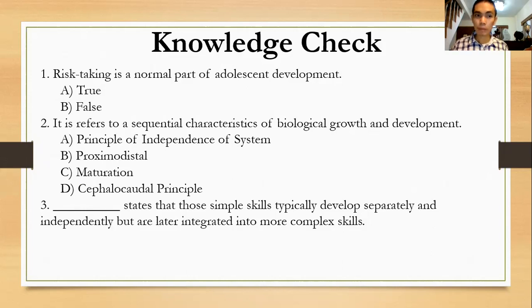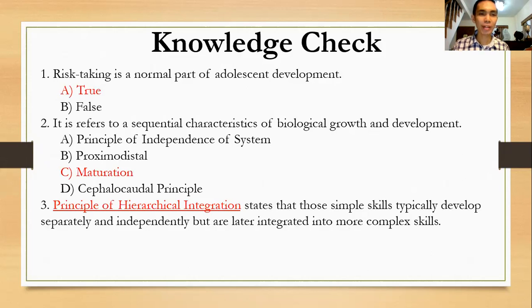Letter B, proximodistal. Letter C, maturation. Letter D, cephalocaudal principle. And number 3, Blanc states that those simple skills typically develop separately and independently but are later integrated into more complex skills.